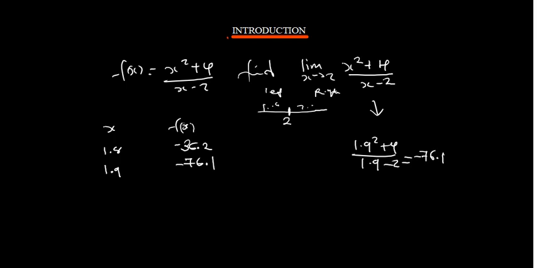Let's try another number if possible. What number can you try? 1.99. Oh, this is just enough. Let's try 1.99. If we put 1.99 there, it will be 1.99 squared plus 4 over 1.99 minus 2.